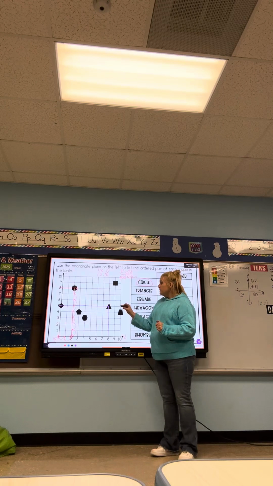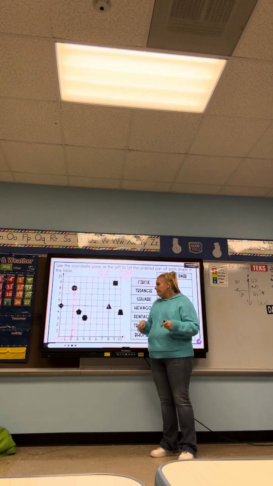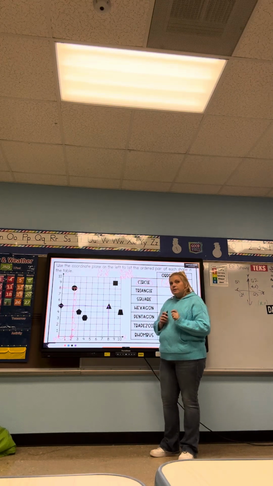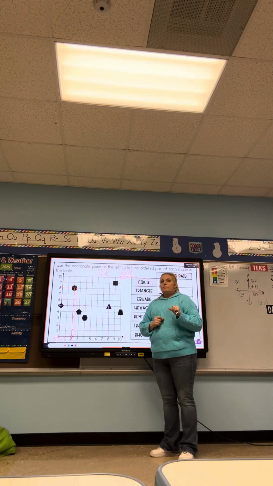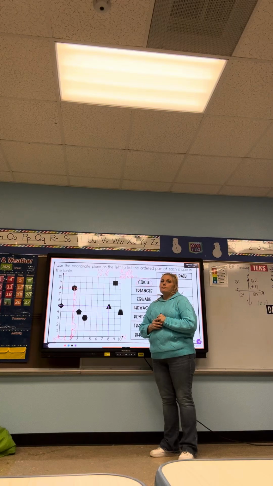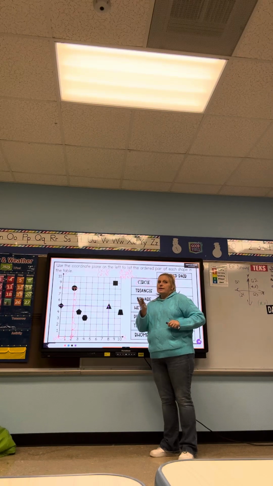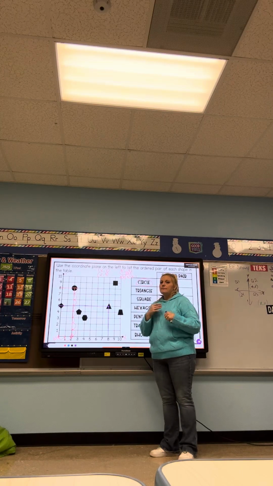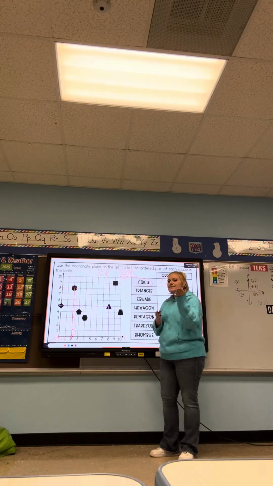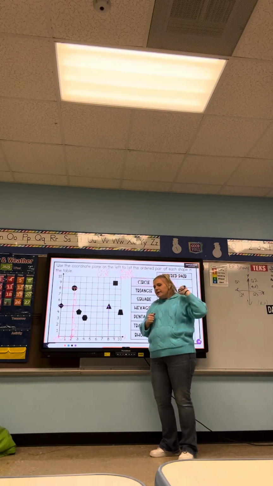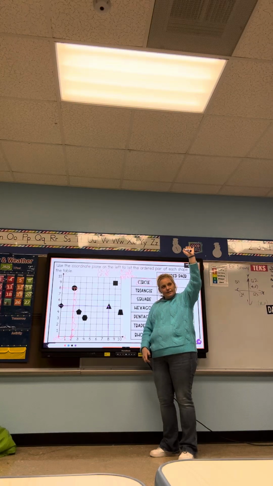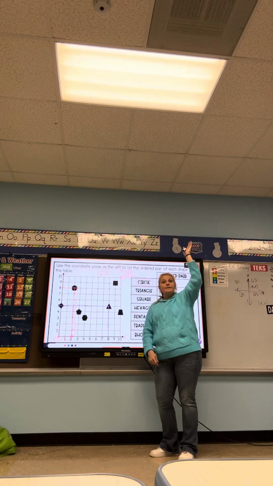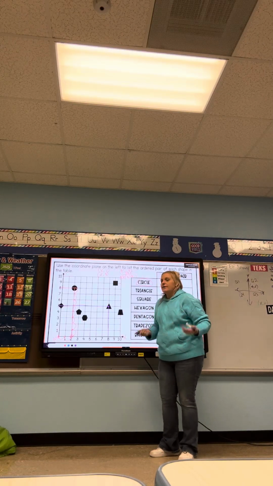Good job. That just helps us, right? So where do we start counting from? Raise your hand if we start on the y-axis. Raise your hand if we start on the x-axis. Yes, we start on the x. Everybody in here. Right, we start on the x-axis.